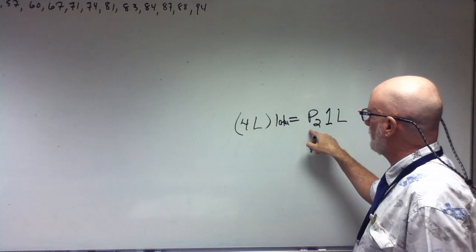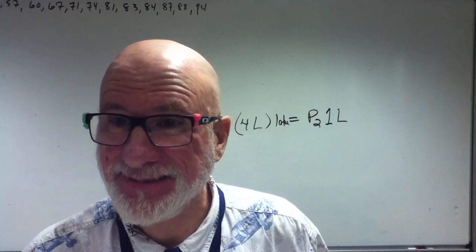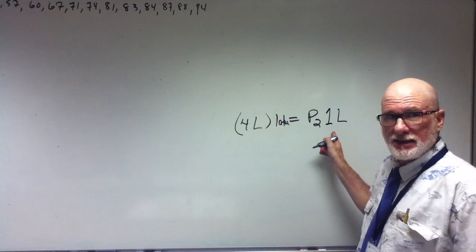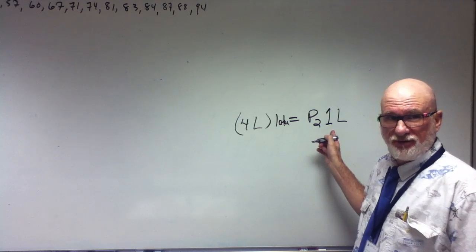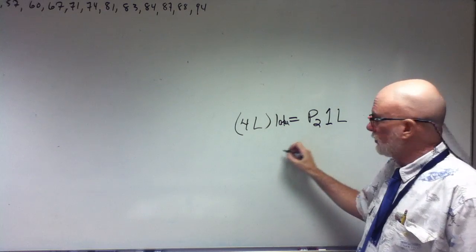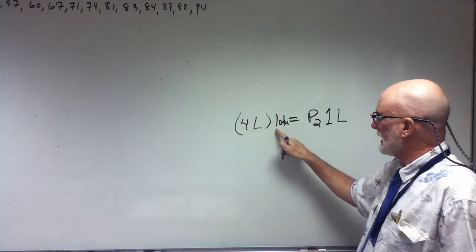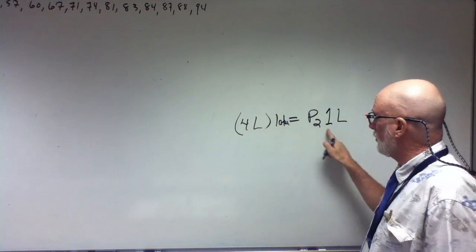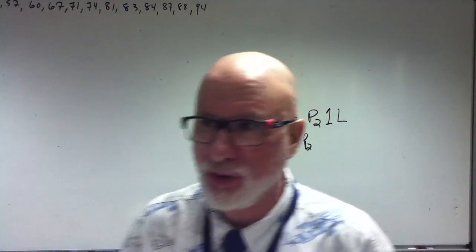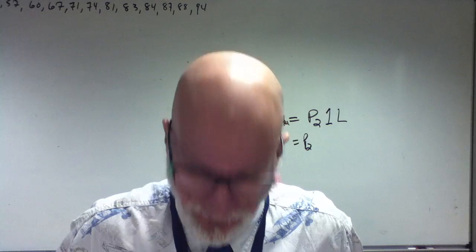What does that pressure have to be? 4 atmospheres, right? Because I'm going to cut the volume by a fourth. The only way I can do that is if I quadruple the pressure. And how do I know what the answer is? 4 times 1 is 4, divided by 1 is 4. So P2 equals 4. So if you quarter the volume, you're going to quadruple the pressure. Clear? Easy? All right, good.